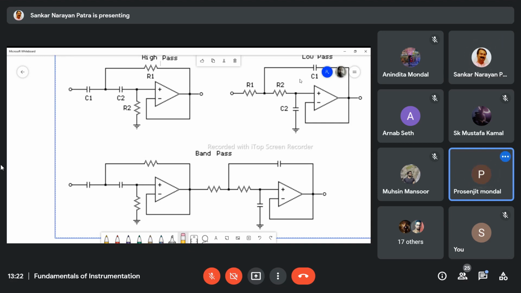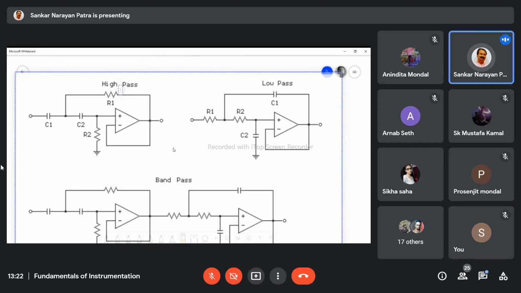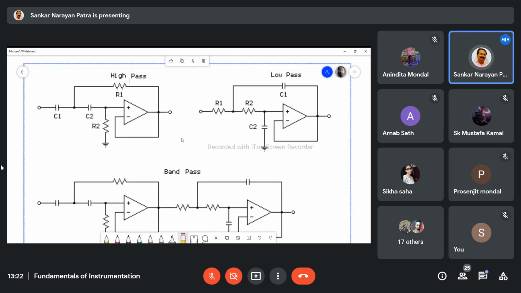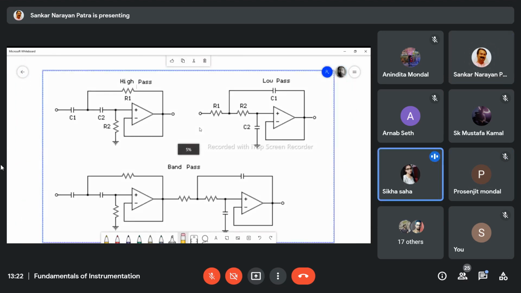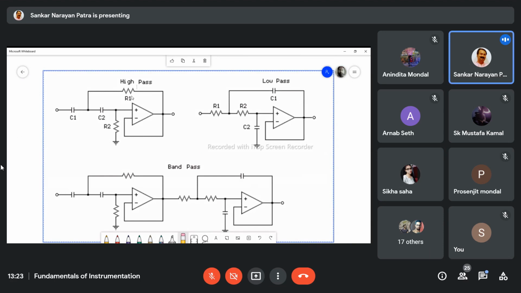Can you hear me? Have you seen that picture here? Your internet is working well. So this is a high pass filter constructed with an op-amp, resistances and capacitors.